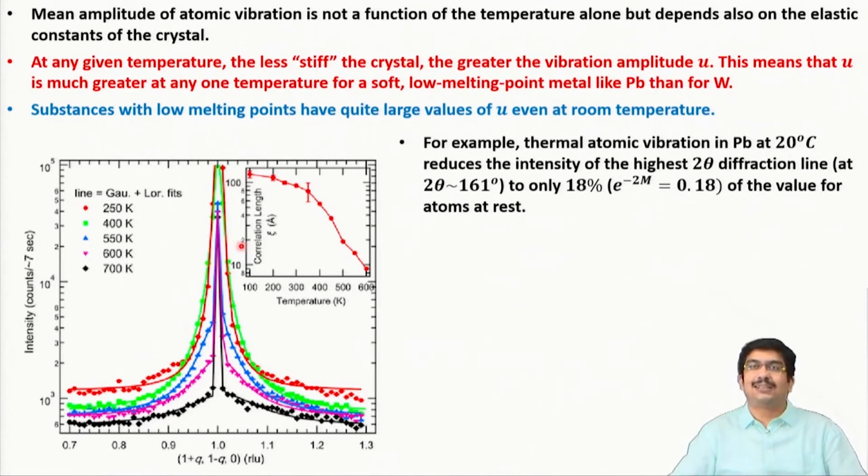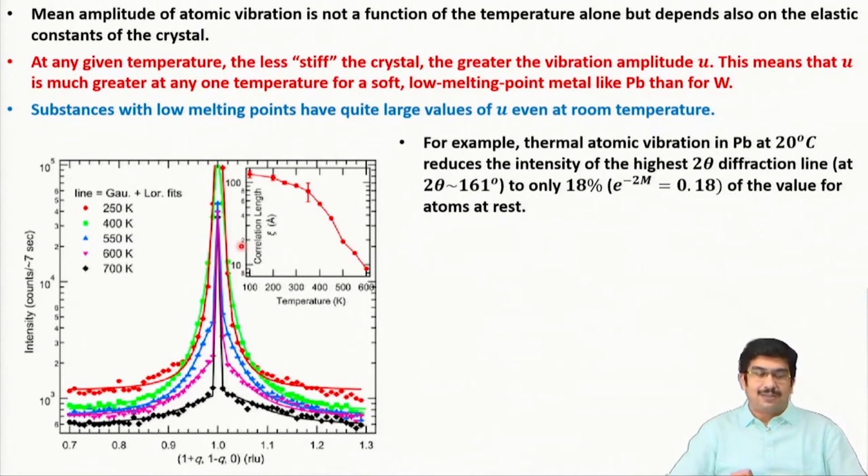So, that dictates the elastic constant. That means the mean amplitude of this atomic vibration is also a result of, or is manifested through, these intrinsic properties. It is related to the bonding characteristics of the material, not the temperature alone.